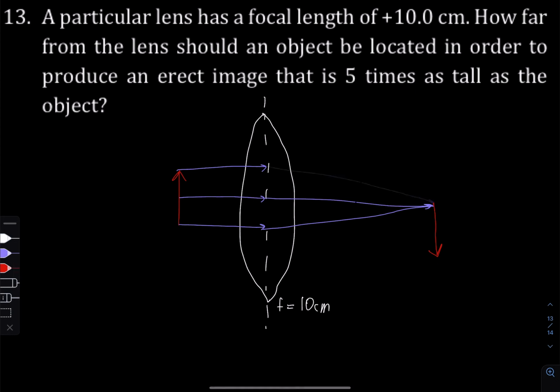Sometimes a converging lens can actually bend light this way.